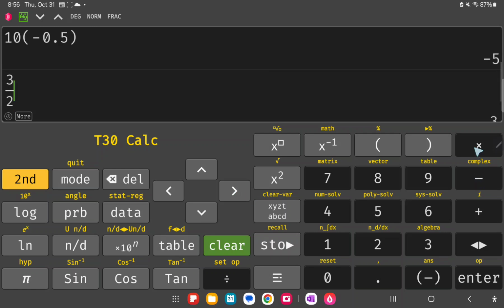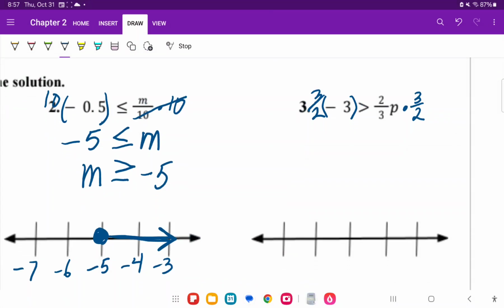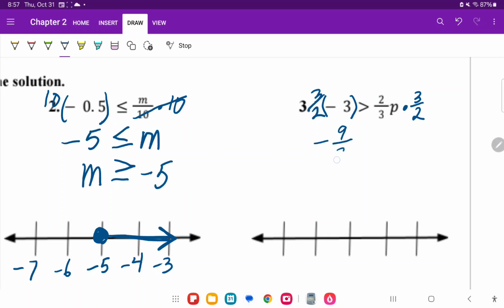Was it times -3? Is that right? And so that's going to give us -9/2 or -4.5. So that's -9/2, and then bring this down, right?